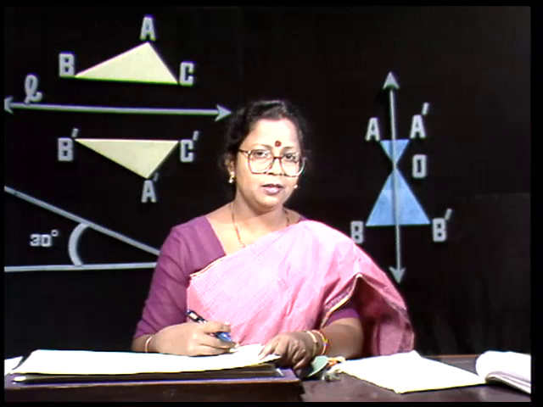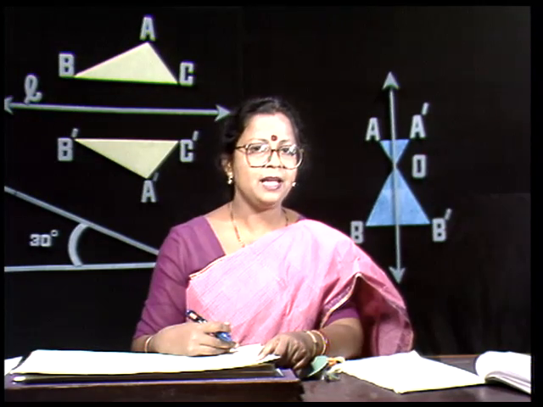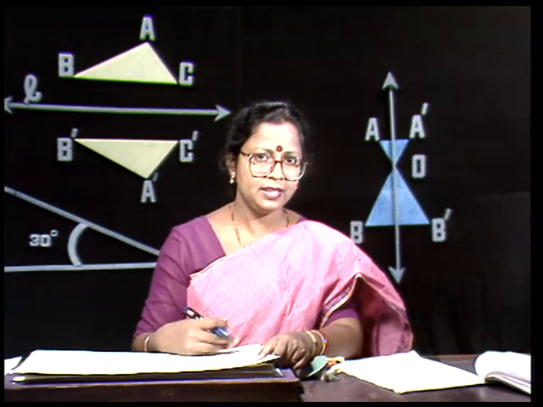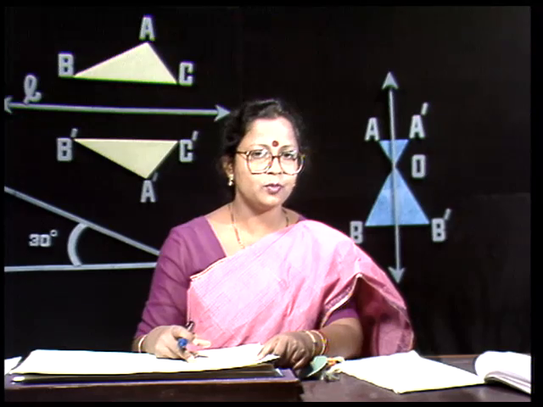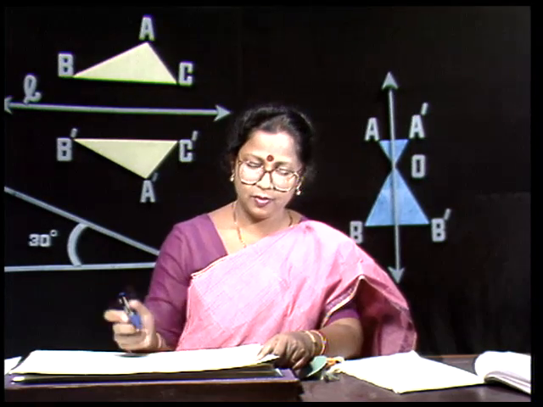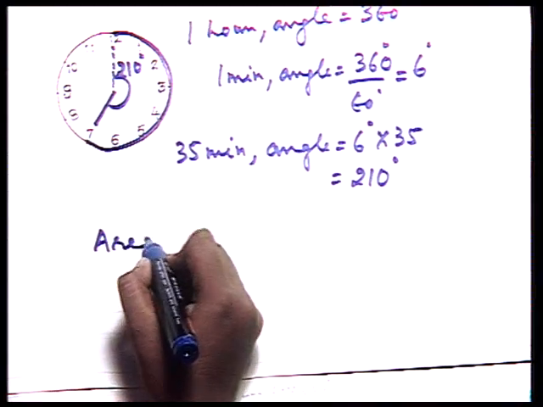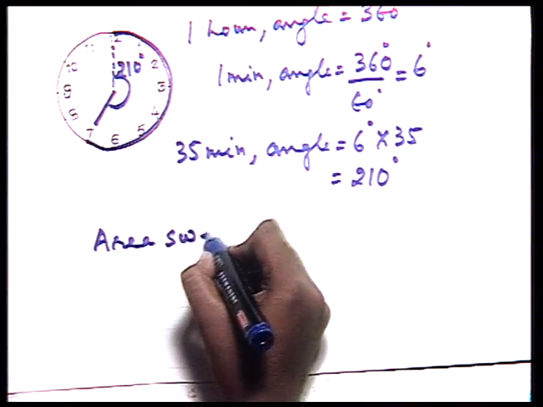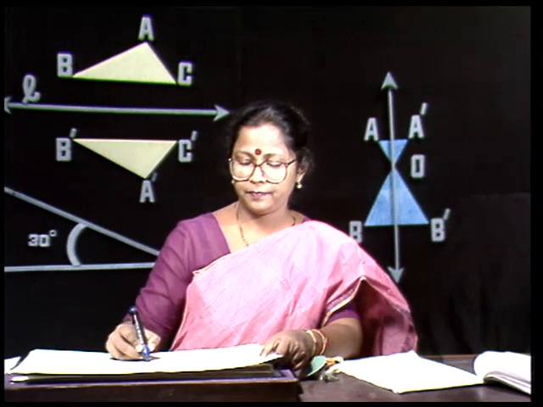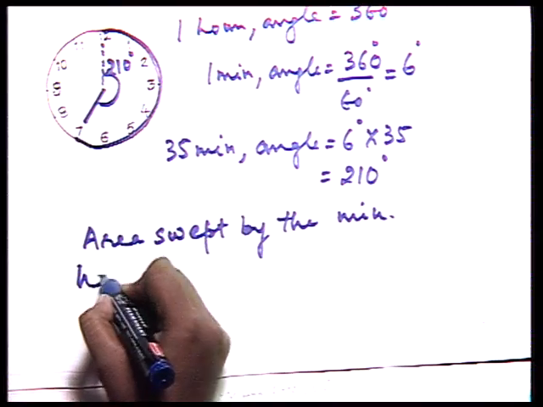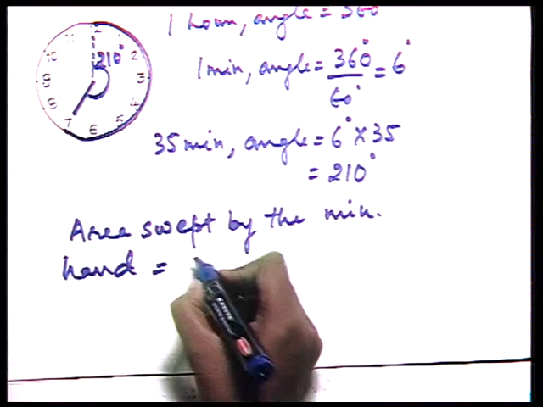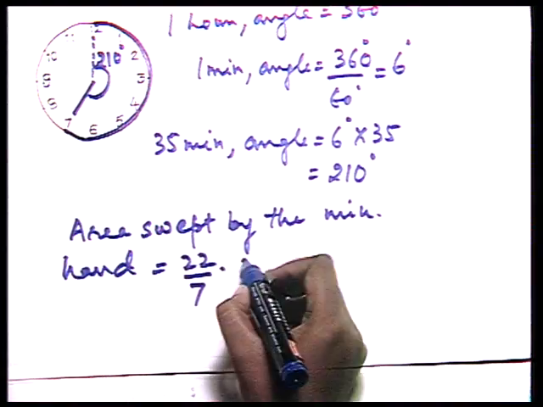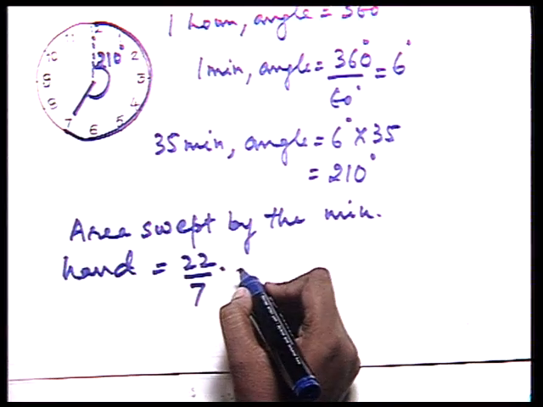We know the formula. What is that formula? It is pi r square into theta upon 360. Theta we have already found out, it is 210 degree. So, the area swept by the minute hand is equal to, let us take pi as 22 upon 7, pi into r square, r is 9 centimeter.